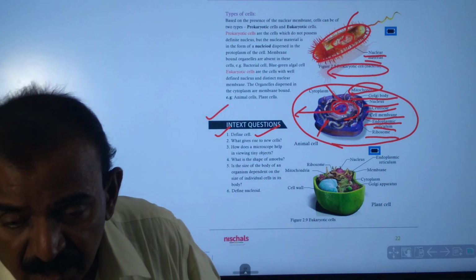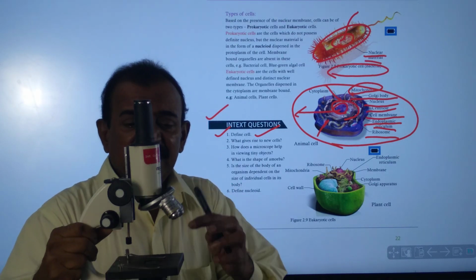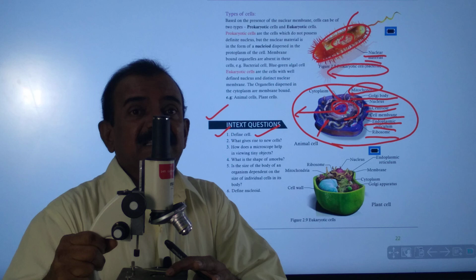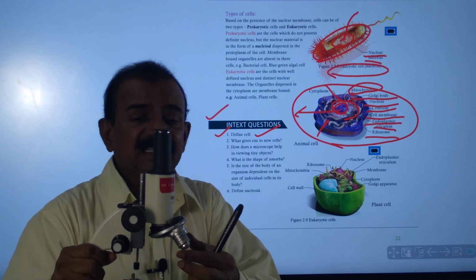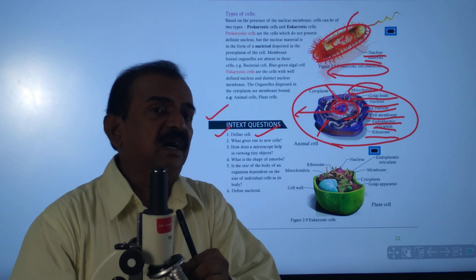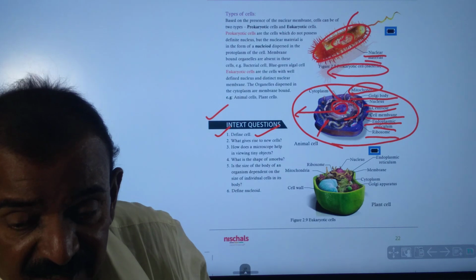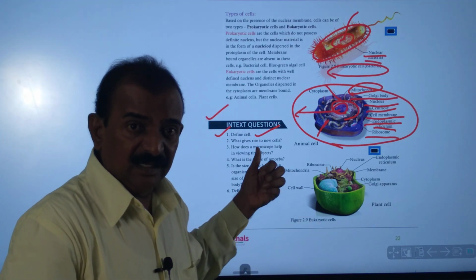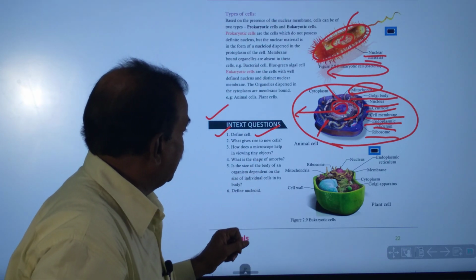So this is a compound microscope, and this has what? Objective lenses, and if you place a small organism on the slide, these lenses can magnify the object and the image more than 1000 times, thereby we can see that image in a larger structure. So that is the use of a microscope.